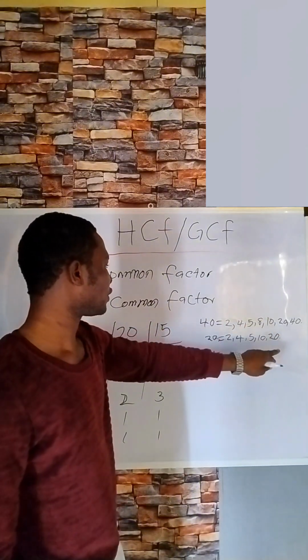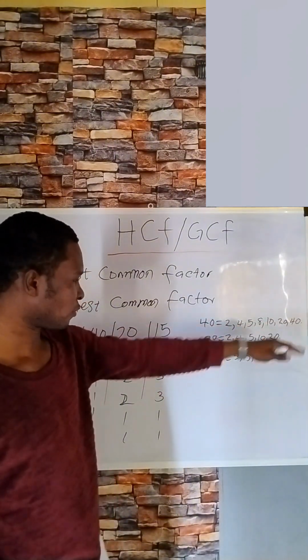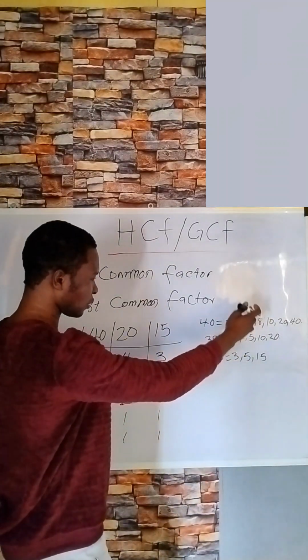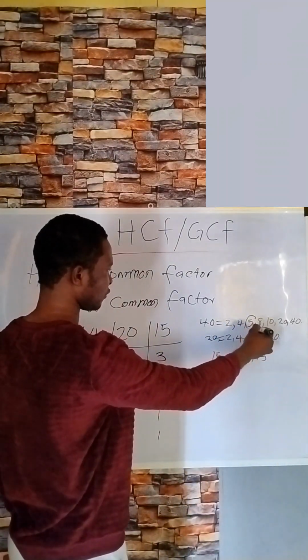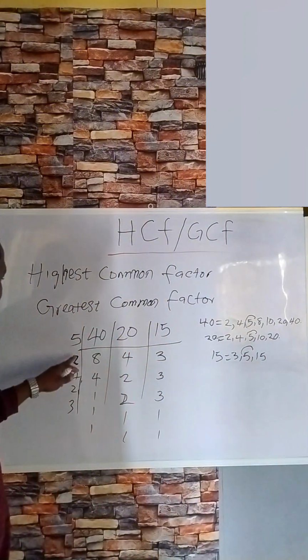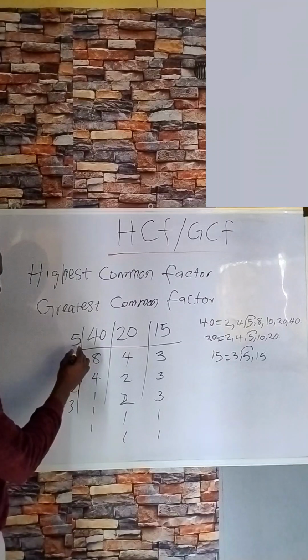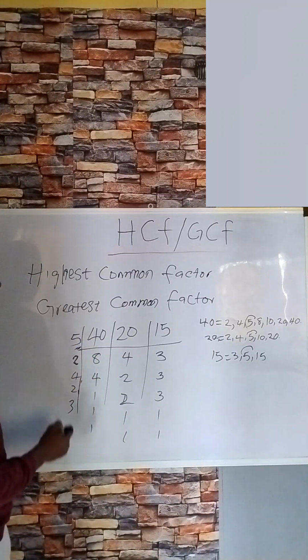This one doesn't have 15. This one doesn't have 15. Only this one has 15. But the greatest in all of these common factors is 5. So 5 is our GCF and HCF.